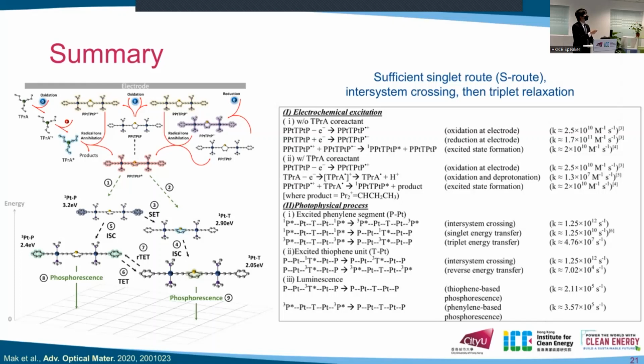Once the molecule is excited by the electrochemical method, it will undergo intersystem crossing and release the energy at its final stage, the triplet excited state. And the triplet state will also emit phosphorescence. So it's a zero fluorescent emitter.